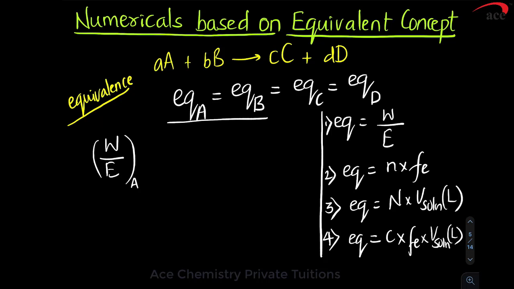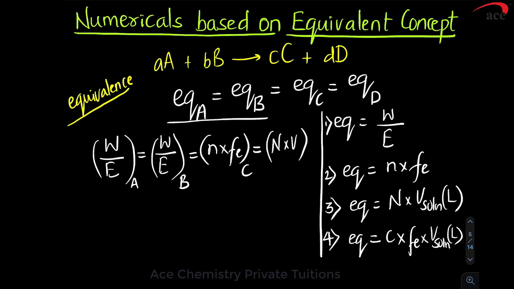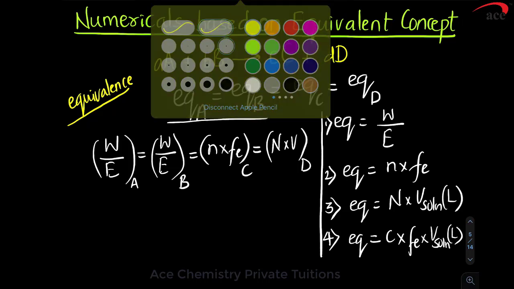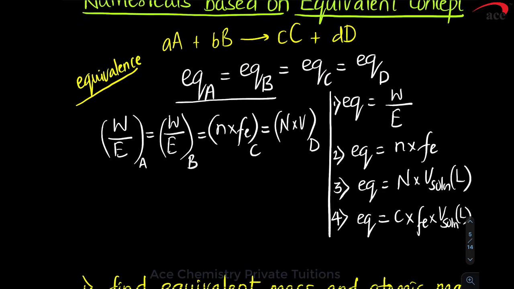So when you say EQ is equal to EQ for any, you can say weight upon equivalent mass of one will be equal to weight upon equivalent mass of another, or number of moles multiplied by factor of another, which can be said as normality multiplied by volume for another. You can write the way you want as per the numerical data. Now, the next information you should have: equivalent mass of metal oxide.